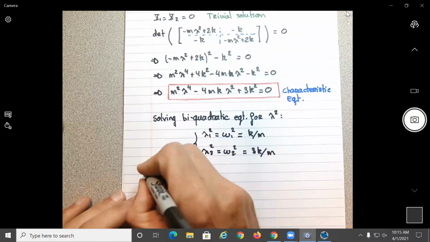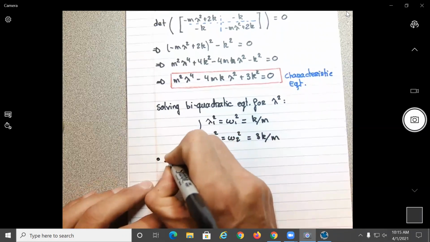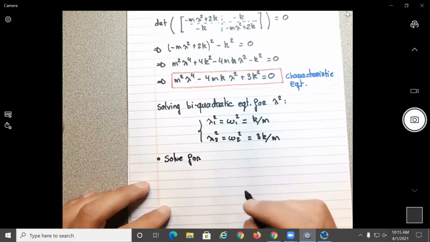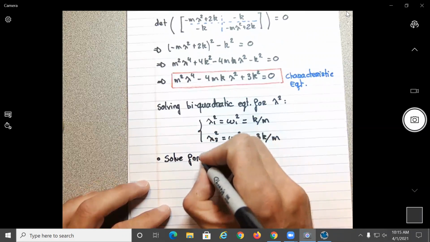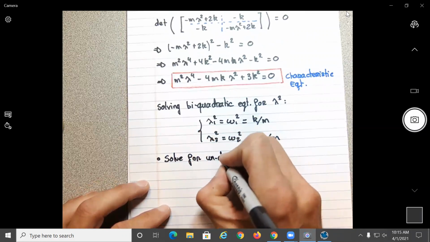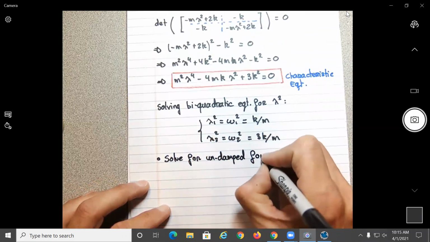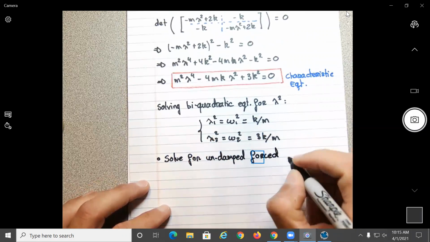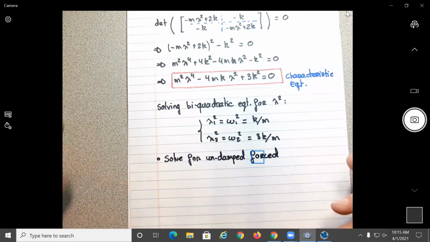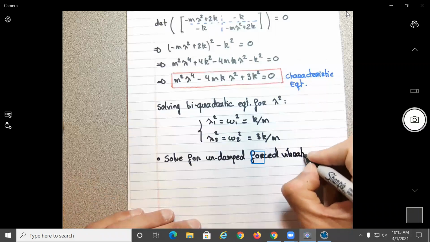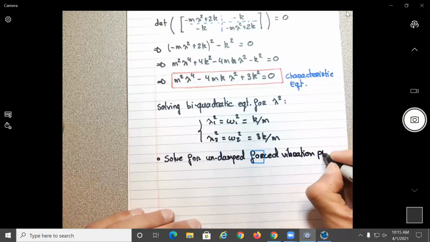So now solve the undamped forced vibration problem.